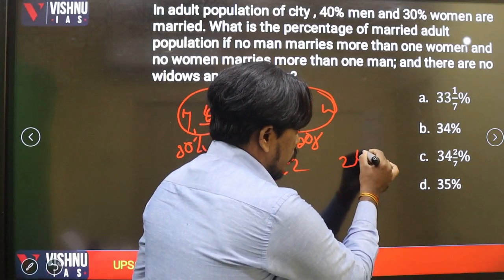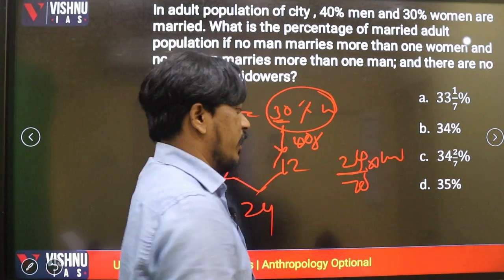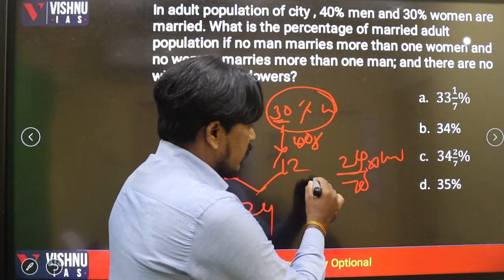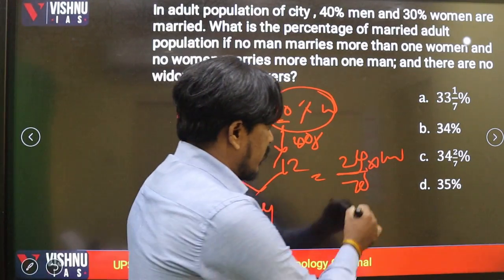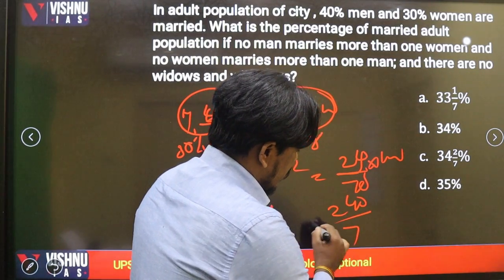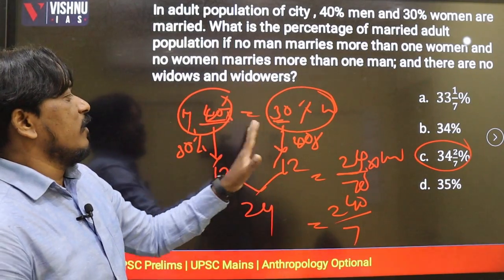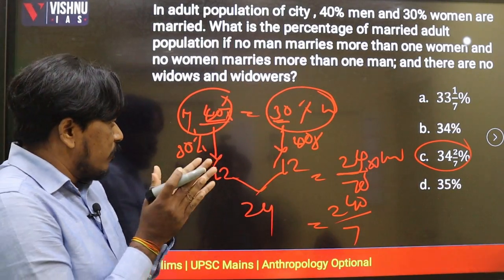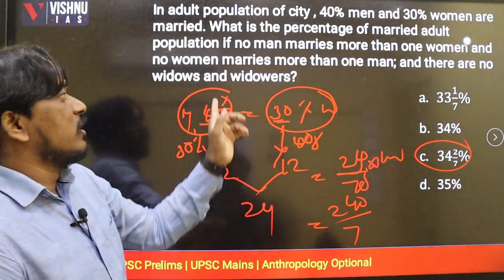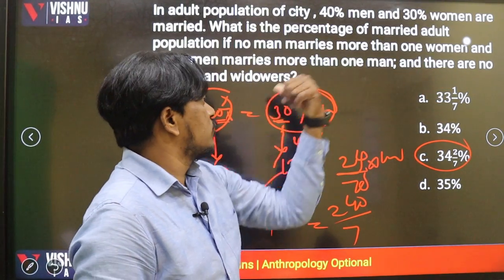This 24 you have to find as a percentage of 70. If you simplify this, you get 240 divided by 7, which is approximately this value. So simple: married men and women are equal, because no person is marrying 2 women or 2 men.